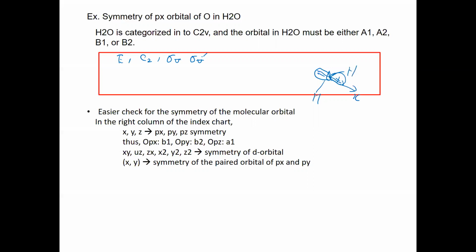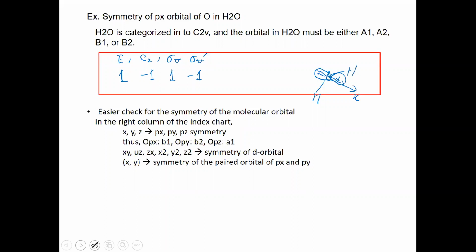And by applying the E operation, of course, the index is 1. For the C2 operation, the molecular orbital flips, so it's going to minus 1. And the sigma V and sigma V dash give 1 and minus 1.